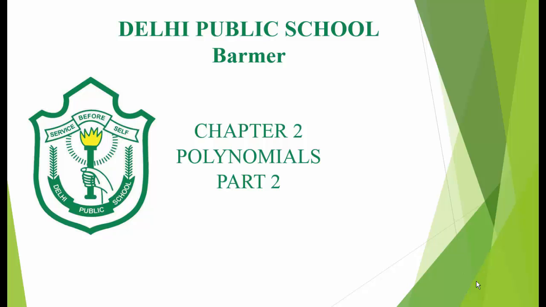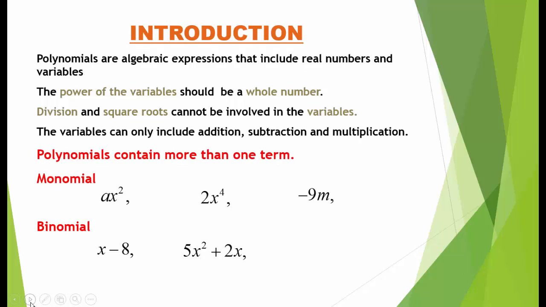This is our second lecture for polynomials, and in the last lecture, we discussed what a polynomial is and the types of polynomial. Polynomials are algebraic expressions that include real numbers and variables, and then we discussed the conditions for this.